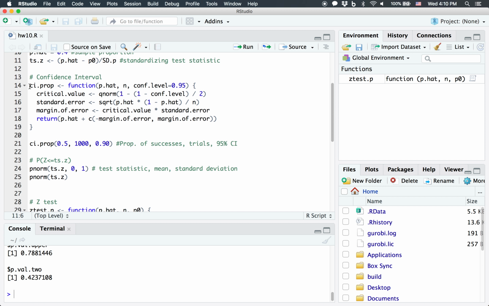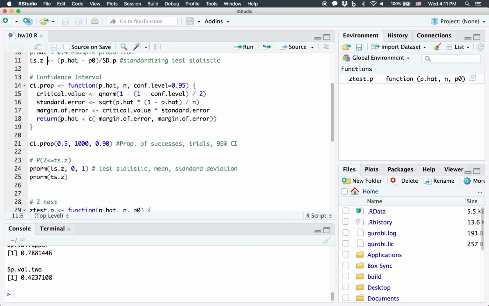We have already done the CI prop function in the last chapter. It takes three parameters: the p hat, the n, which is the number of samples, and the confidence level. Remember that the confidence interval is adding or subtracting the margin of error to the p hat.